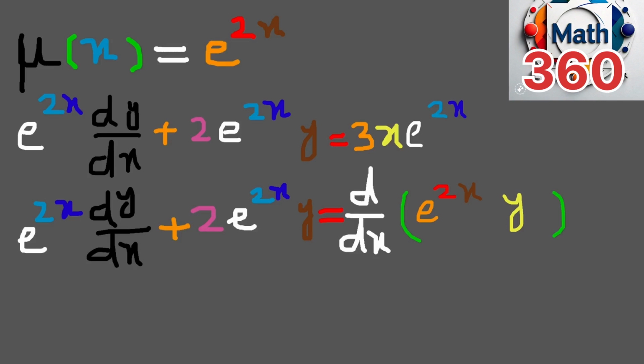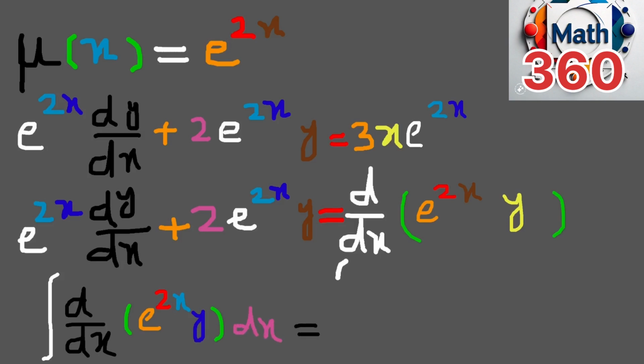We now integrate both sides of the equation. The integral of the derivative of e raised to the power 2x times y with respect to x equals the integral of 3 times x times e raised to the power 2x with respect to x.